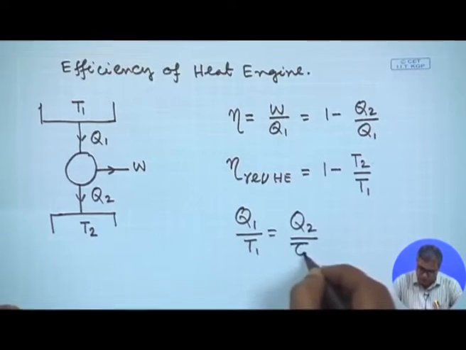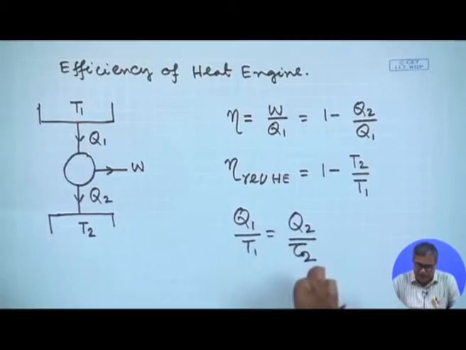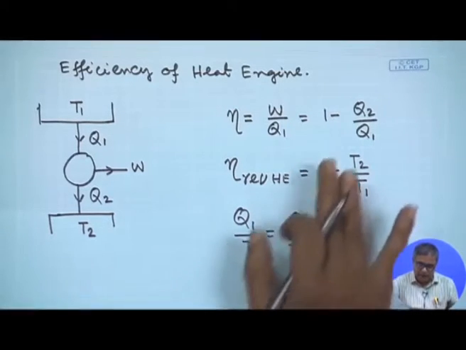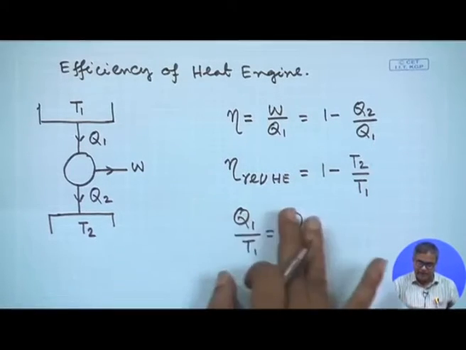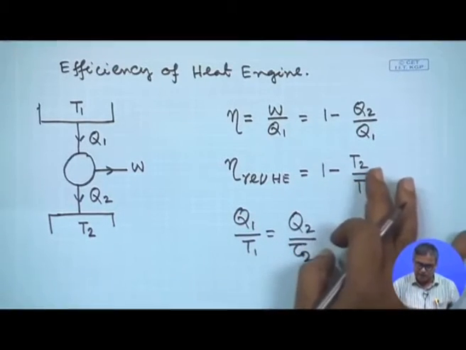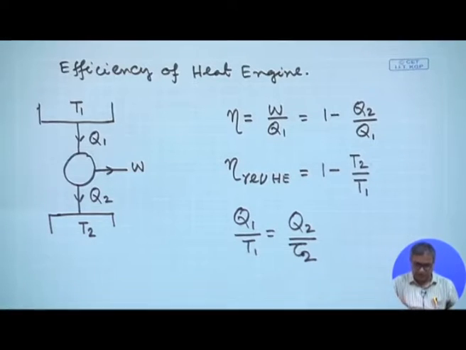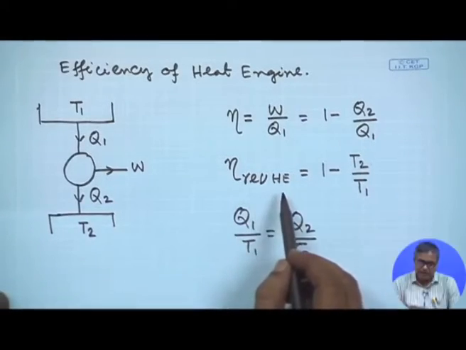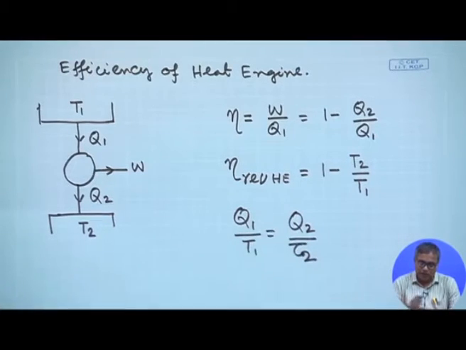This can be seen in any book of thermodynamics, and from that it logically follows that the efficiency of a reversible engine will become 1 minus T2 by T1. So, now you see that the higher the T1, the more will be the efficiency of the reversible engine.